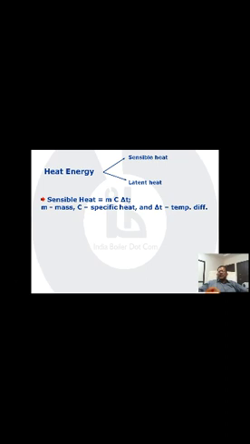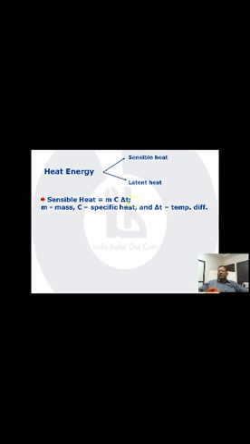And this is calculated as H is equal to mc delta T. Please remember this as the Gayatri mantra of the heat energy system, right? Anytime we want to measure heat energy sensibly, H is equal to mc delta T. That would be all. Here, the specific heat is a constant which changes from matter to matter.